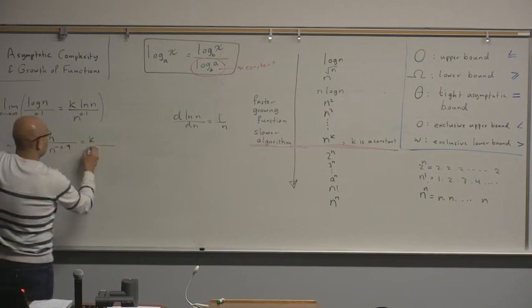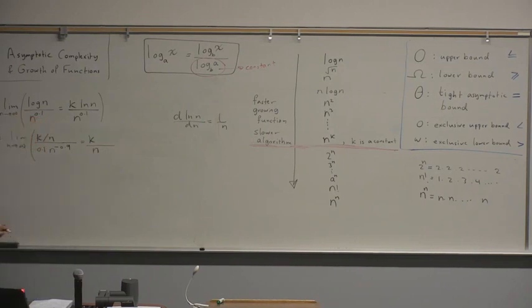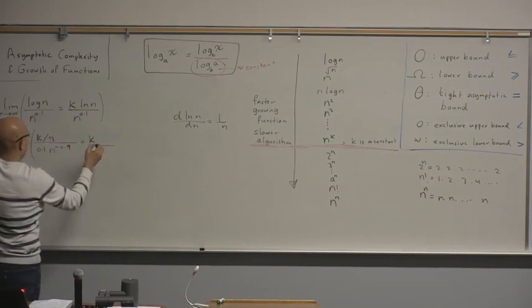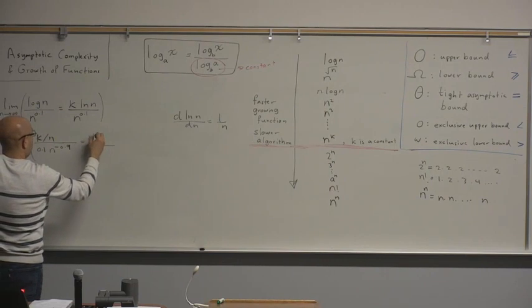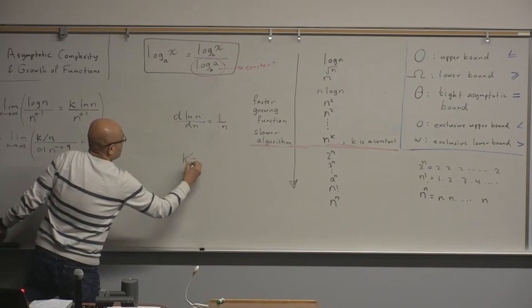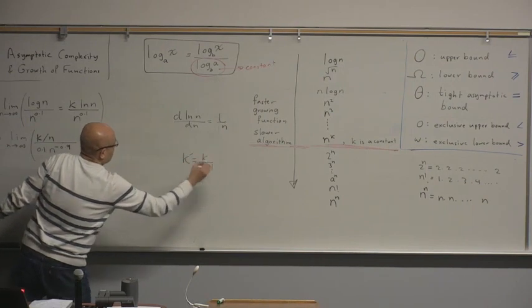You can put the 0.1 in the denominator, and the n^(-0.9), you can put in the denominator as n^0.9. So in fact, this is k prime. You can say k prime because it's k divided by 0.1. Remember that I don't care about constants in asymptotic complexity. So k prime equals k divided by 0.1.